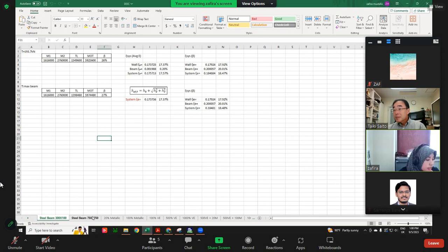So I try to compare the result. Here we want to compare the degree of coupling. This formula is calculated from the base capacity design, and this one is from Tmax from Stera 3D. They are a little bit different.